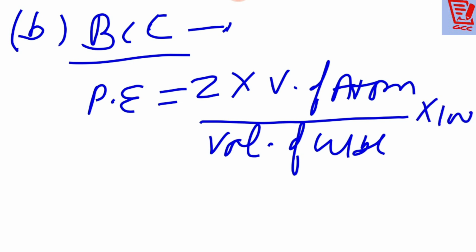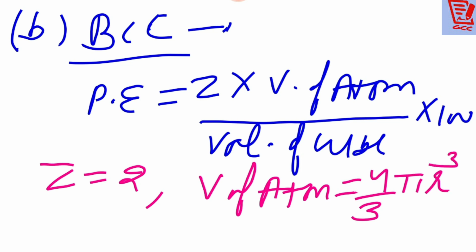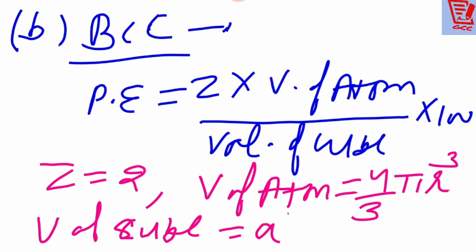Now all of you see there very carefully, beta. Here the Z value for BCC is 2, as we know very well, and the volume of the atom is 4 by 3 pi r cube. Am I right? And the volume of the cube is a cube.